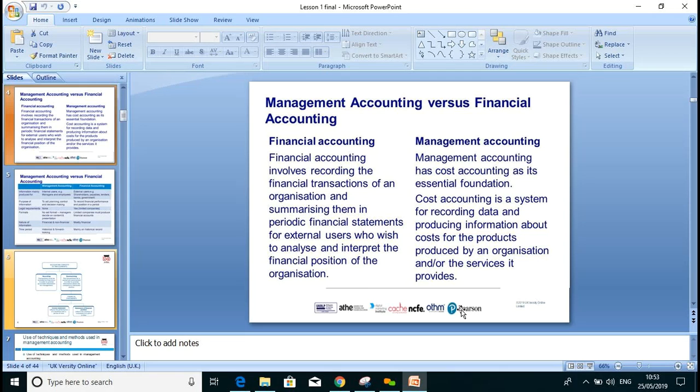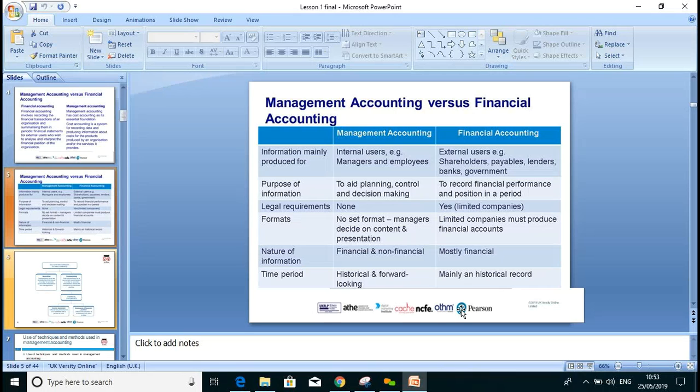Cost accounting is a system of recording the data and producing information about the cost of a product produced by an organization or the service provided. Okay, then we're looking at management accounting and financial accounting.